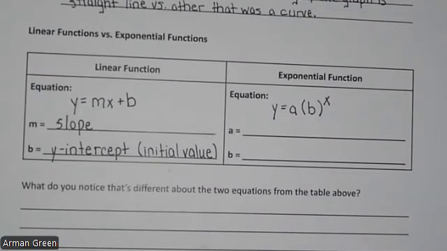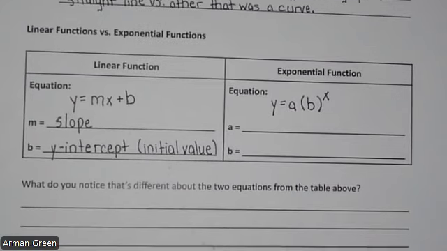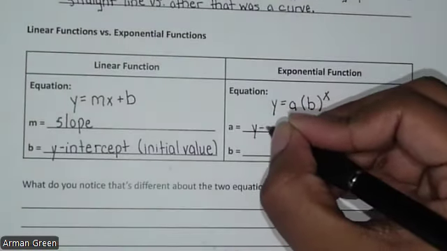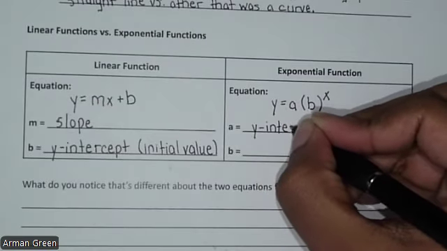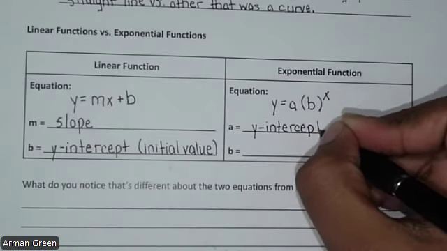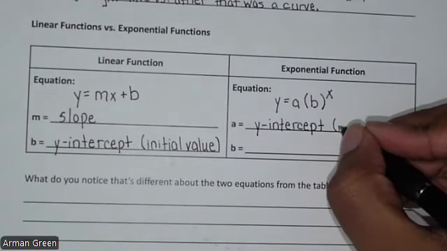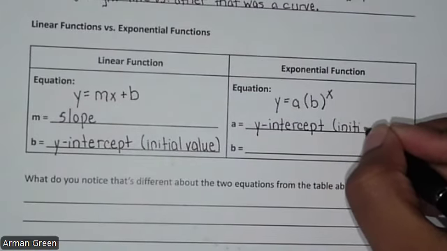So we have y equals a times b to the x power. Now, in this case, a and b represent something a little bit different. It actually turns out that in this exponential function, a represents your y-intercept. Or again, this will represent your initial value.